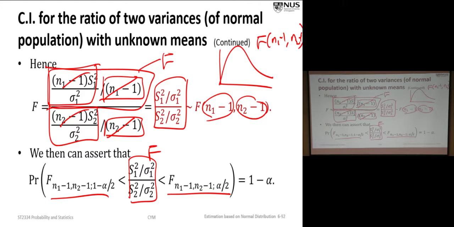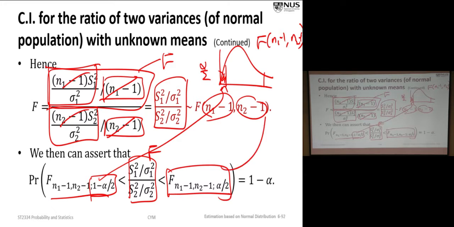And then now, this number is such that it is bigger than this number with probability 1 minus alpha over 2. That means this is 1 minus alpha over 2, while this is alpha over 2. And this value is such that the probability of being greater than this value is alpha over 2. That means this is alpha over 2. F is not symmetrical.